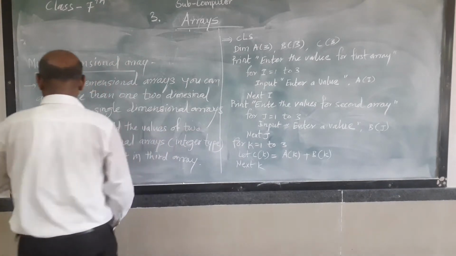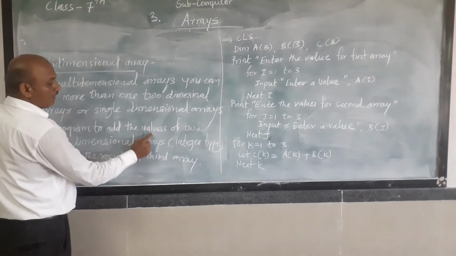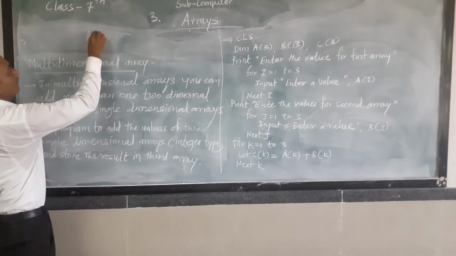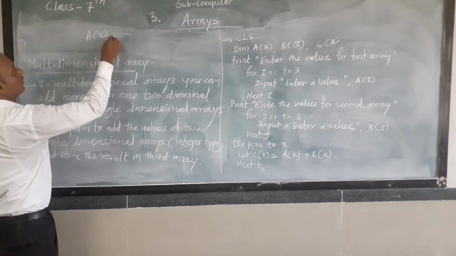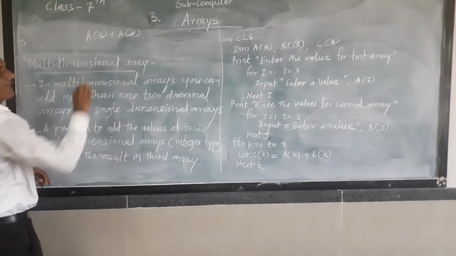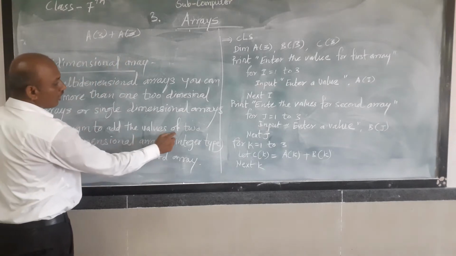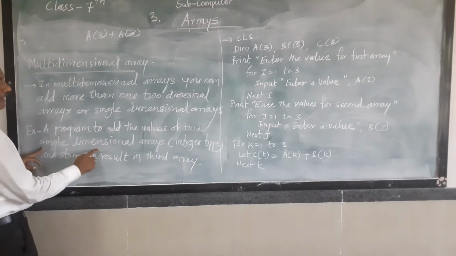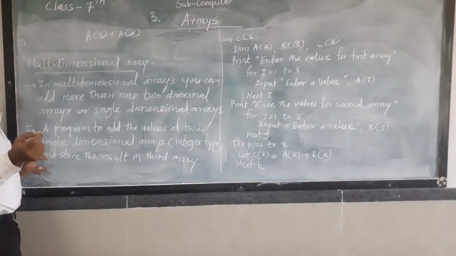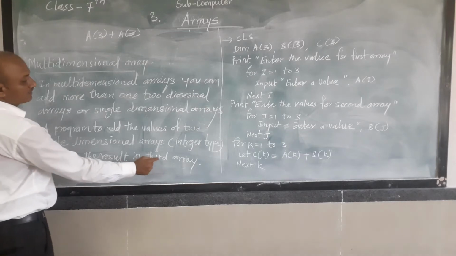For example, a program to add the values of two single-dimensional arrays, a of 3 and b of 3, with integer, numeric values, and store the result in a third array.